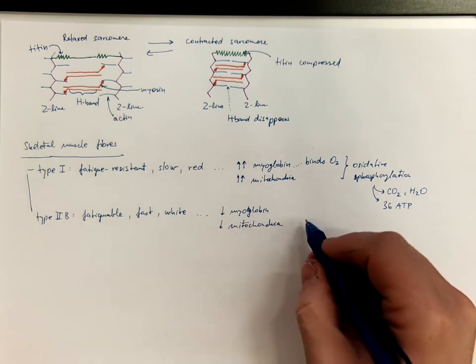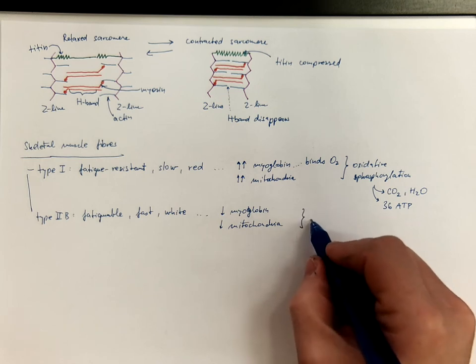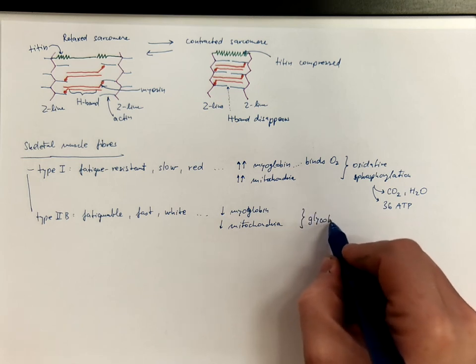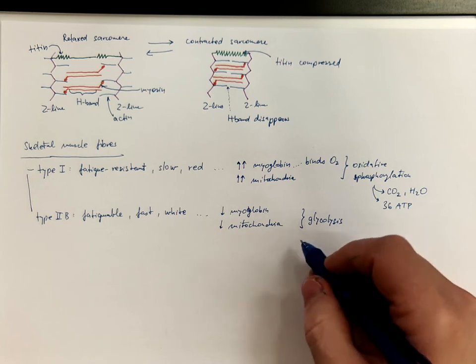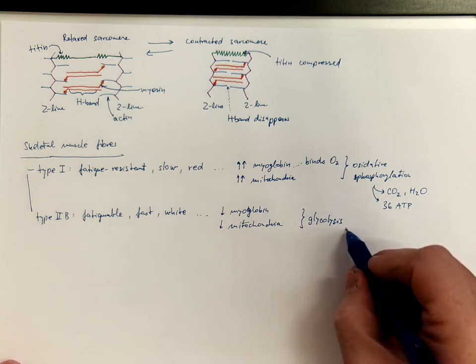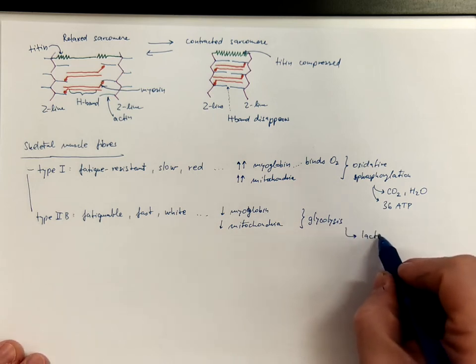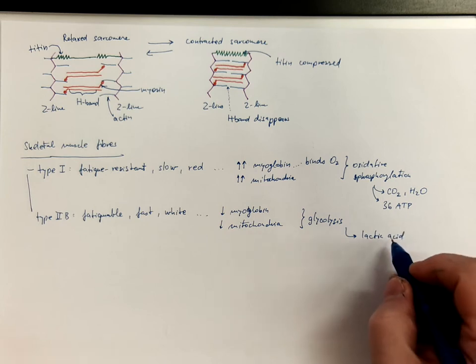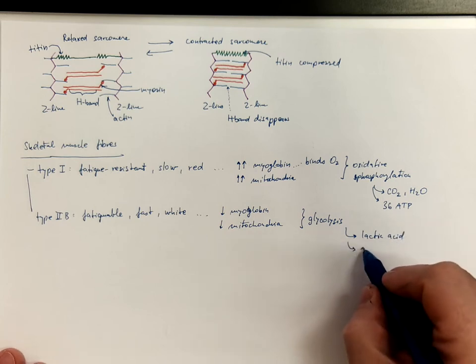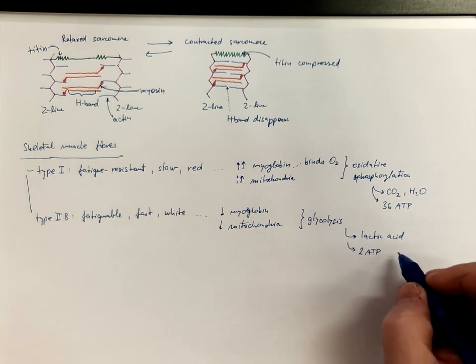And from biochemical point of view, it's more specialized in glycolysis, in anaerobic glycolysis, the product of which is lactic acid, and only 2 ATP molecules.